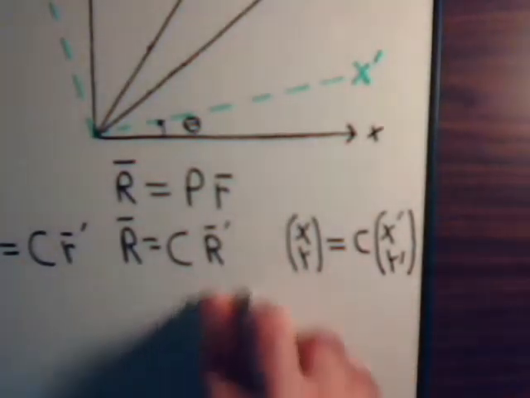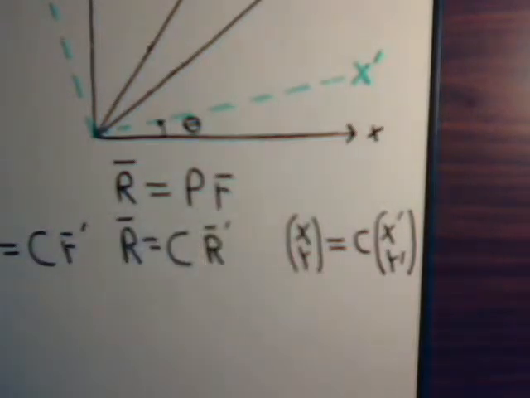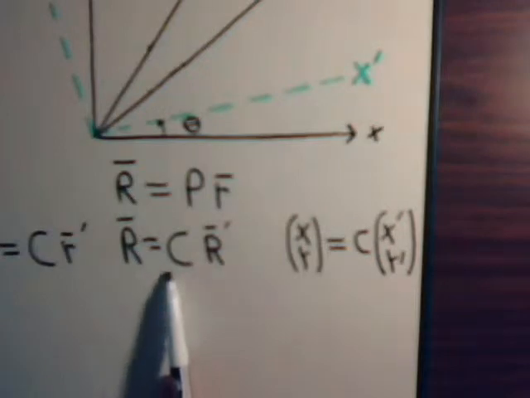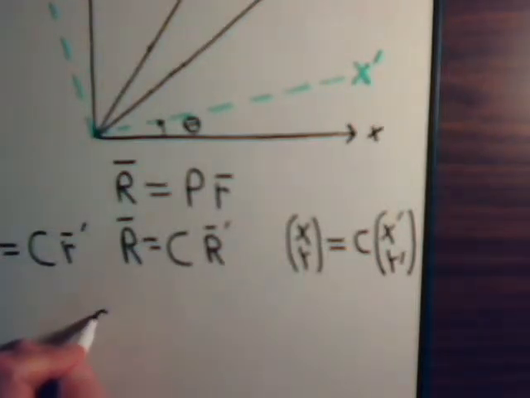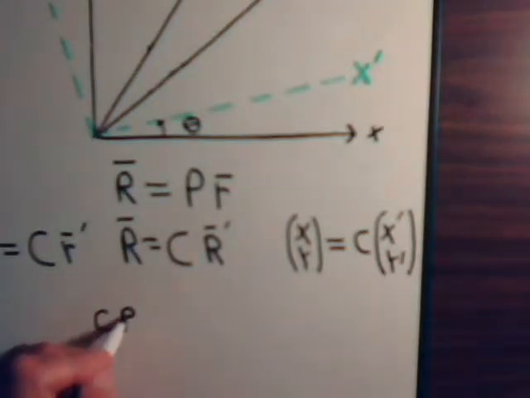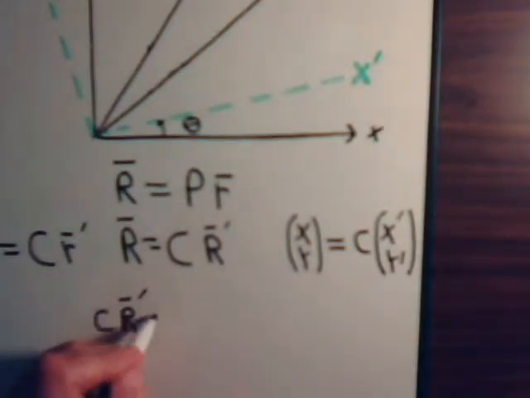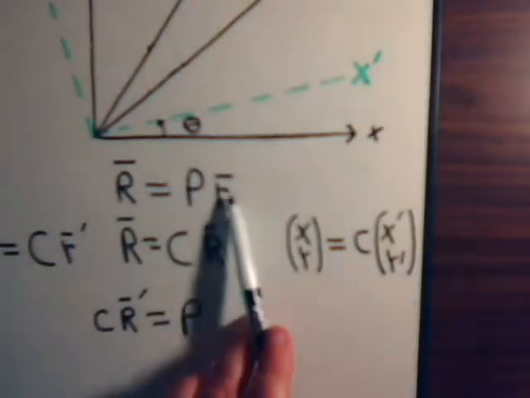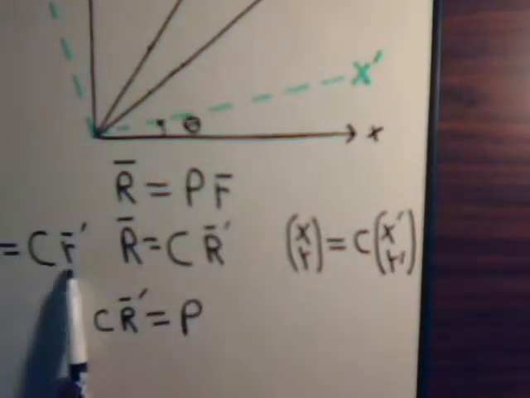We have here this equation, R expressed in terms of R prime, so we have C R prime equals matrix P times small r, but that's this.